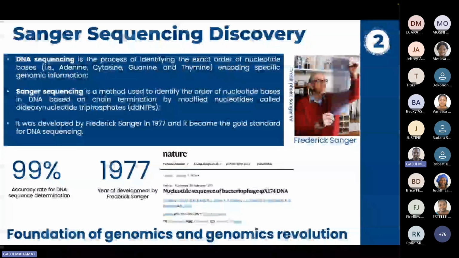With this highly accurate method, he succeeded to sequence the first ever genome, of the phi X174. This discovery marked the foundation of genomics as well as a genomic revolution.